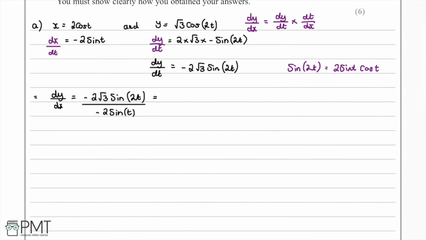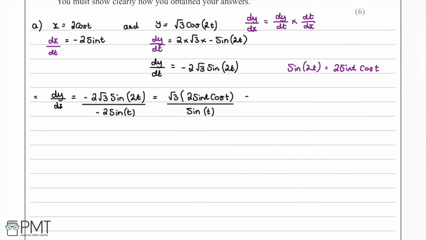We notice here that the negative 2's will cancel out, and we can then replace sine 2t with 2 sine t cos t. So our equation will then be as follows. We'll have root 3 lots of 2 sine t cos t, and we'll divide this by sine t. Our denominator doesn't change.